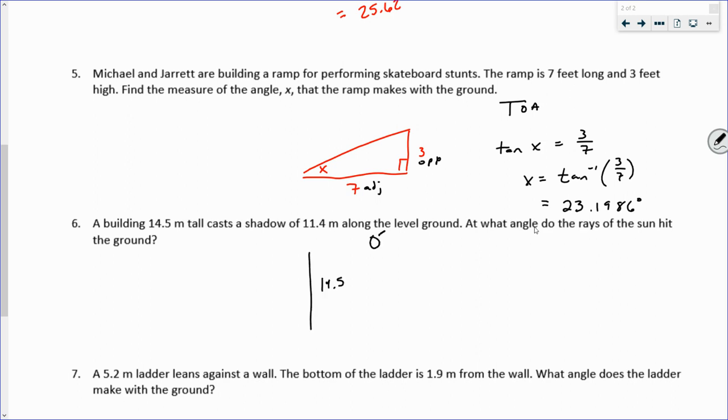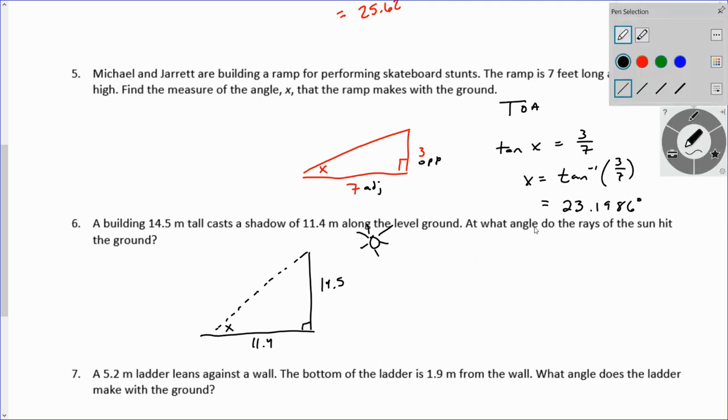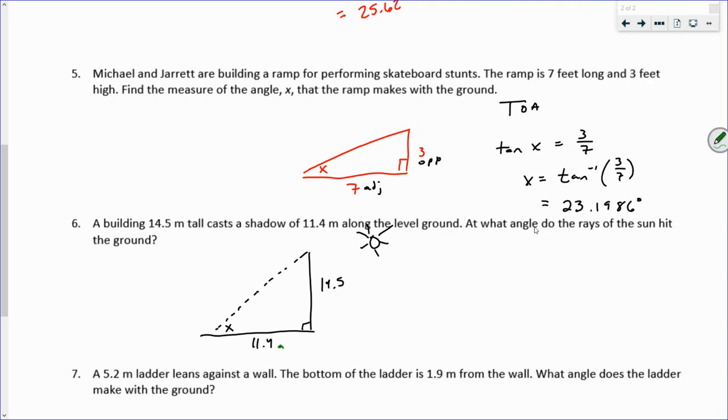A building that's 14.5 meters tall casts a shadow. So let's draw some sun so that we have a shadow. Hi, sun. Here it's casting a shadow to the ground, 11.4 along the level ground. So it's telling me to do 11.4 here. At what angle do the rays of the sun hit the ground? That's telling me this is the adjacent and this is the opposite side of that angle x.